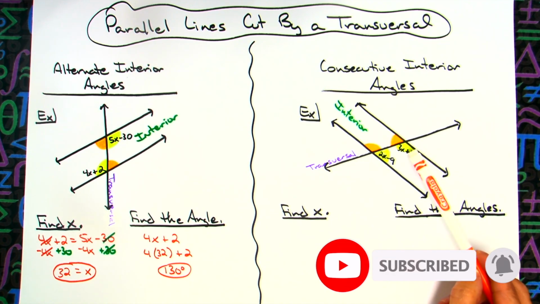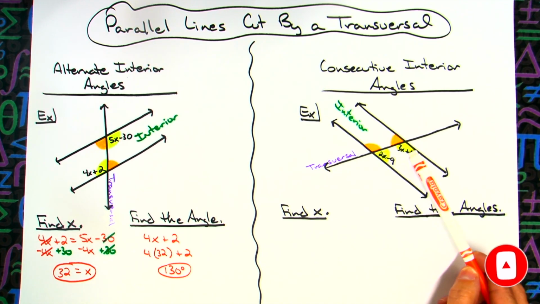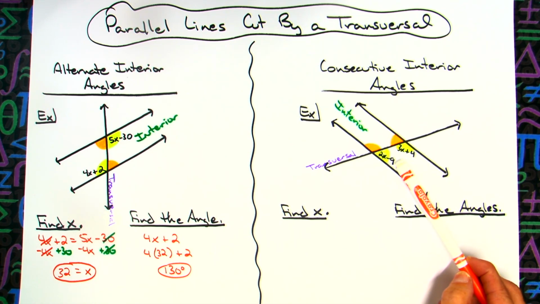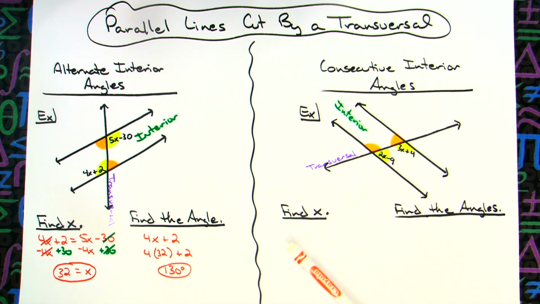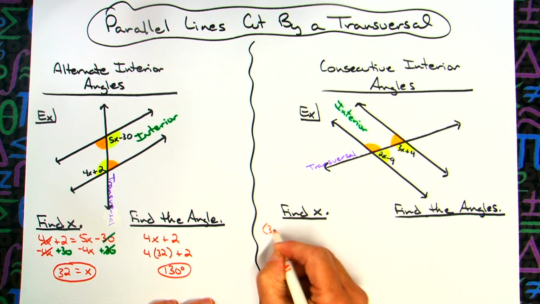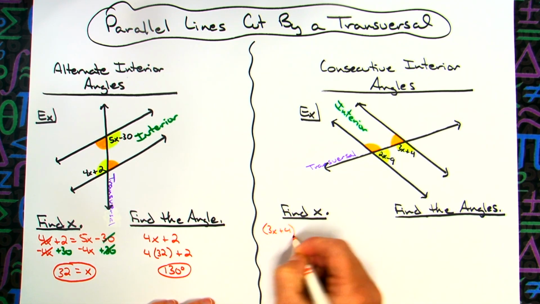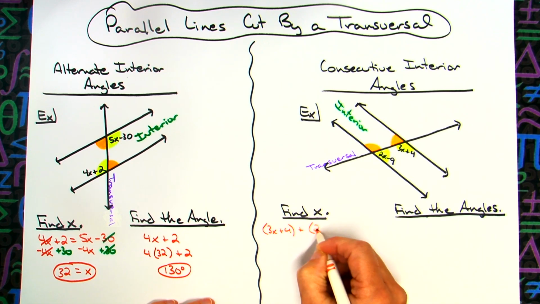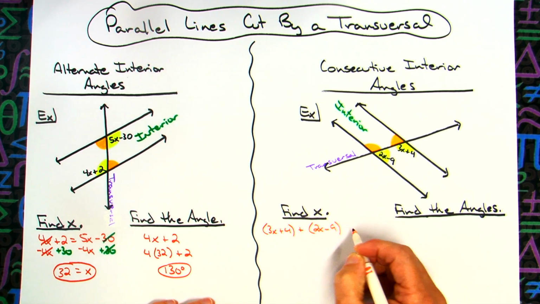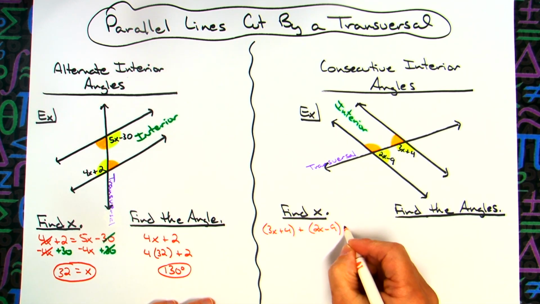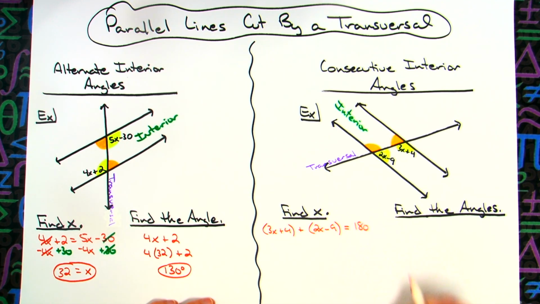Consecutive interior angles are supplementary, which means I can add these two up and set them equal to 180. So the equation I'm going to use to solve for x is going to look different than the one over here. Because they are supplementary, I'm going to take the 3x plus 4 and add that to the 2x minus 9, and since they are supplementary, I'm going to set that equal to 180.